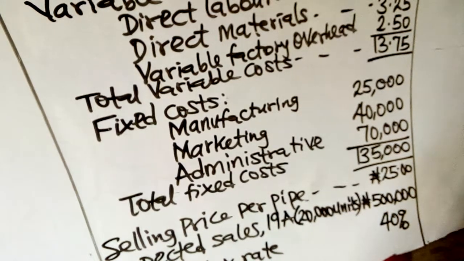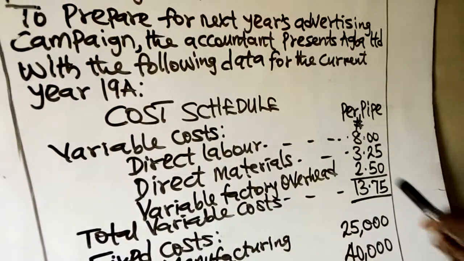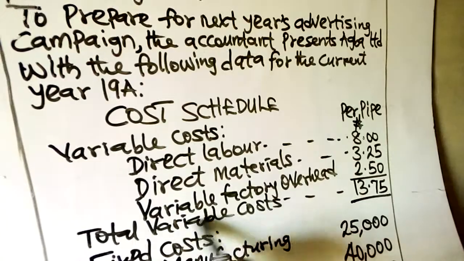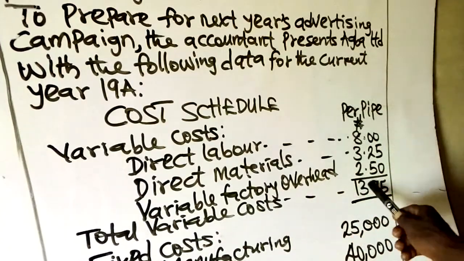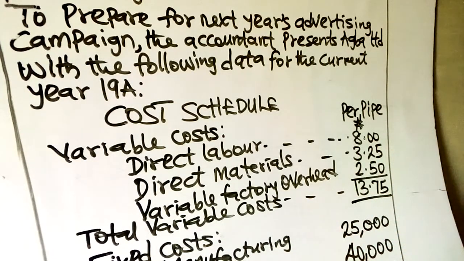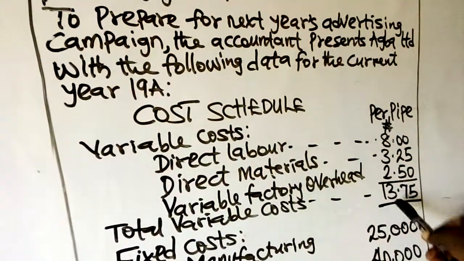So if the selling price is 25 naira and the unit variable cost from the cost schedule, total variable cost per pipe, is 13.75, therefore contribution margin will be selling price minus the variable cost.